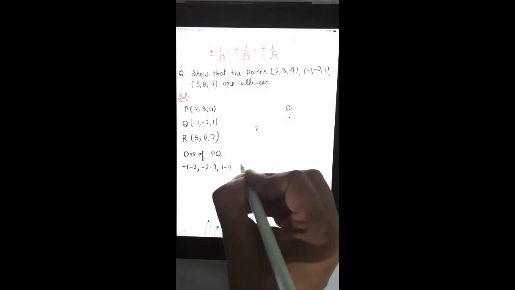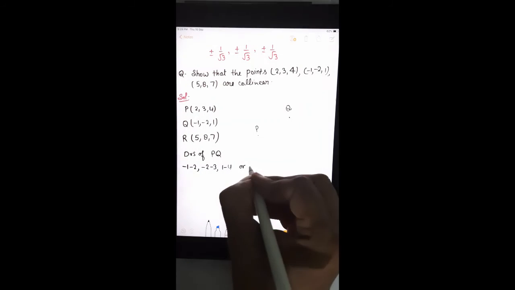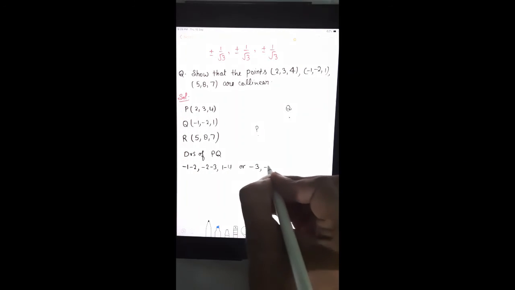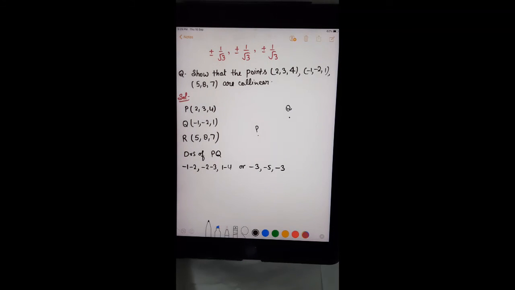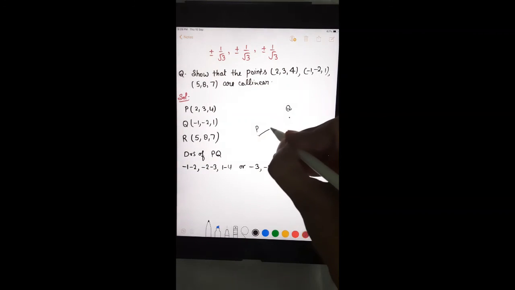So the direction ratios will be -3, -5 and -3. So -3, -5 and -3 are the direction ratios of line PQ.